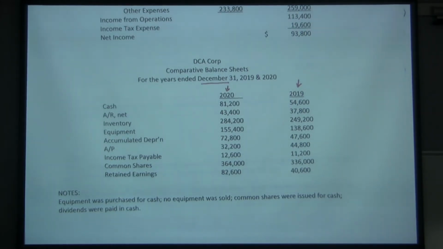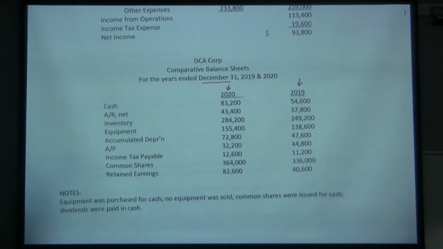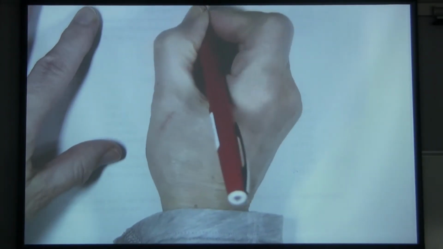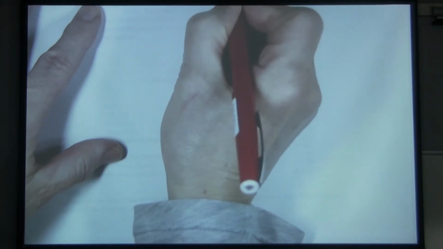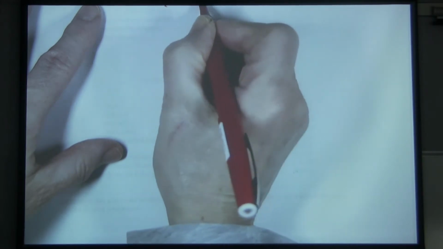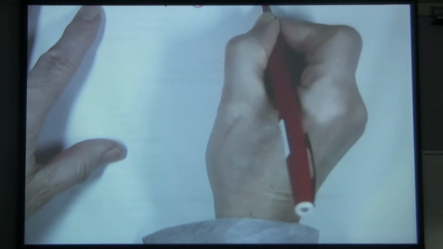If we have to do it from a blank sheet, which I think I will show you, then we want to start by, okay, I'm just going to abbreviate this. So statement of cash flows, you could put DCA Corp, and this would be for year ended December 31st, 2020. By the way, after I show you this example, there's one more item we need to talk about, and that's interpreting the statement of cash flows, which is really the most important part.